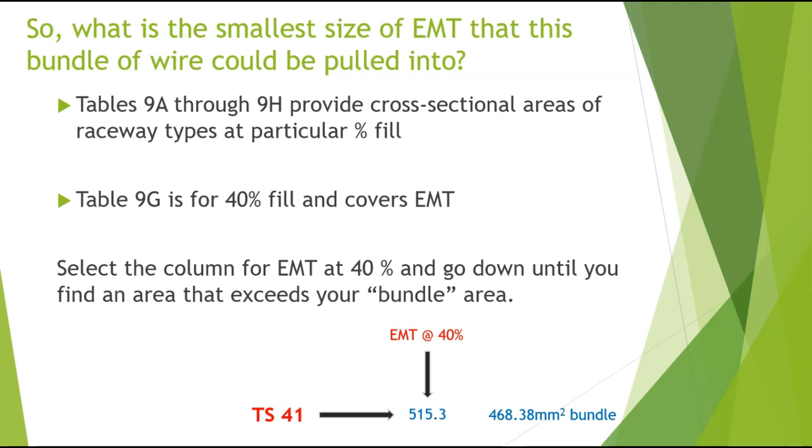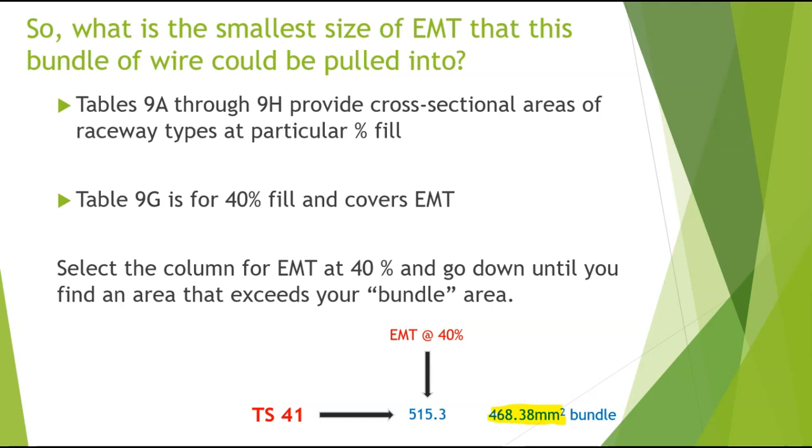And so in this problem, we're looking to try to find the minimum size EMT that we could install to deal with this bundle of conductors that we've just calculated. And so how we do this is we take a look at our bundle of conductors, which has a cross-sectional area that we've just calculated of 468.38 square millimeters.